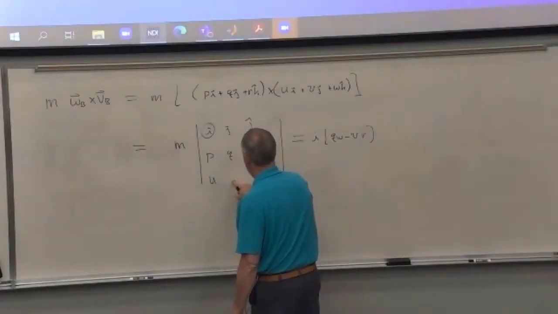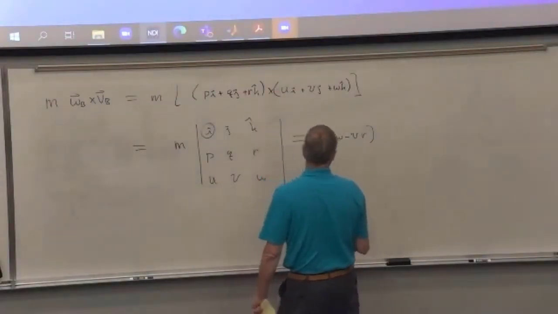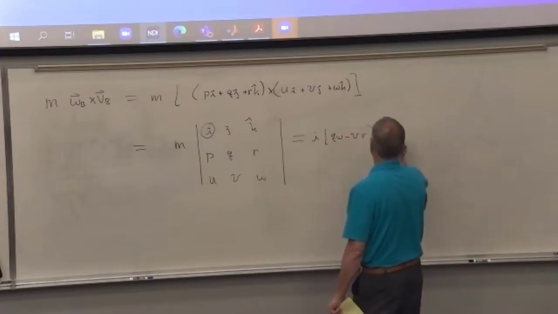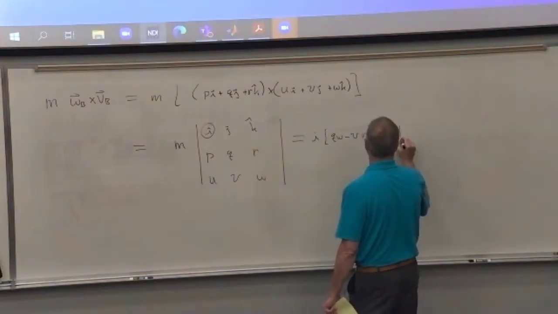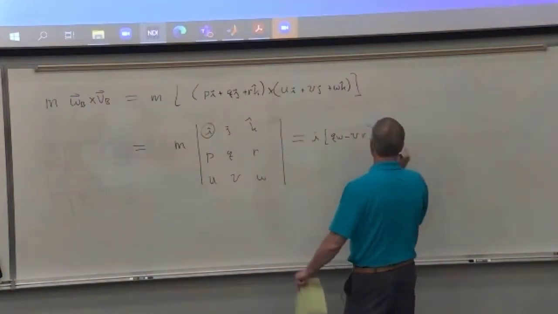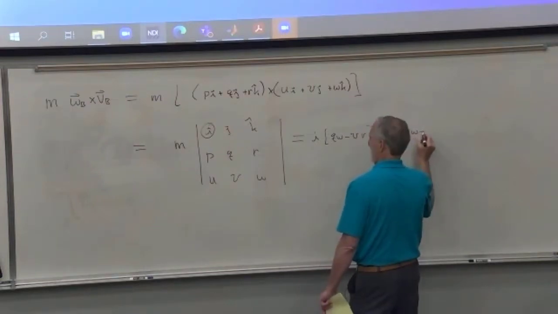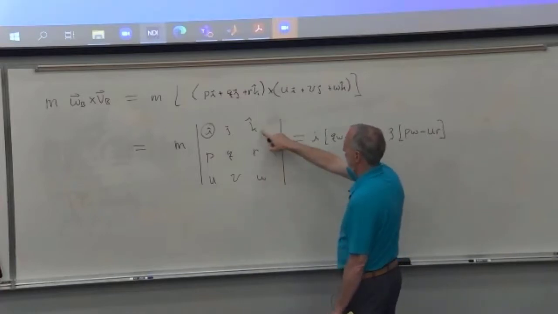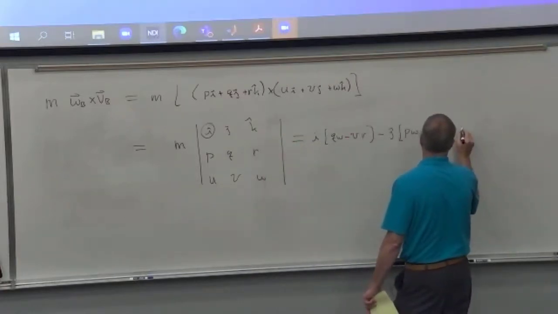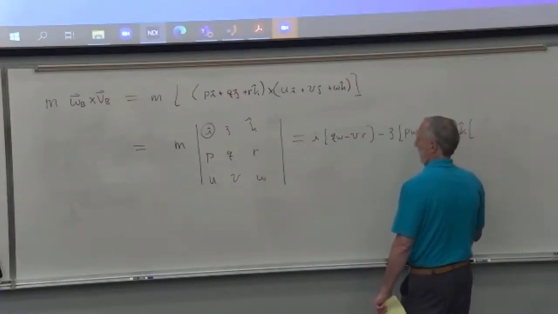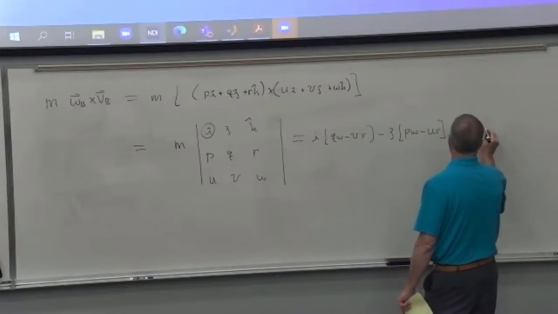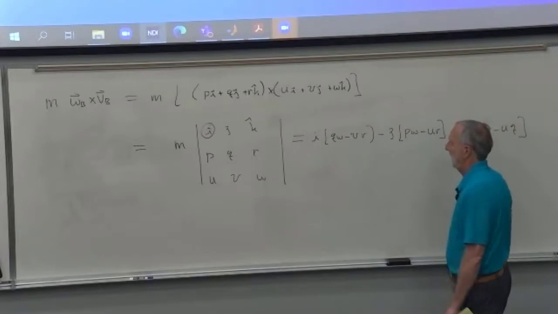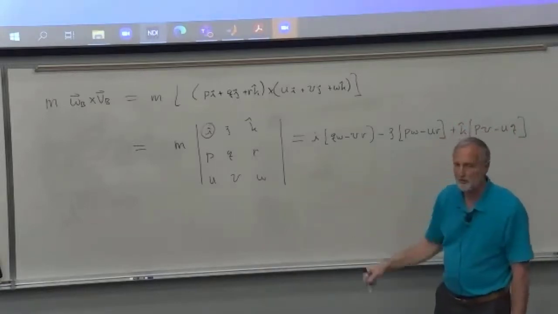This is a V. Then you get a minus J because it's the middle one, times PW minus UR, and then expand about the K. PV minus UQ. And so that's what goes into that term.